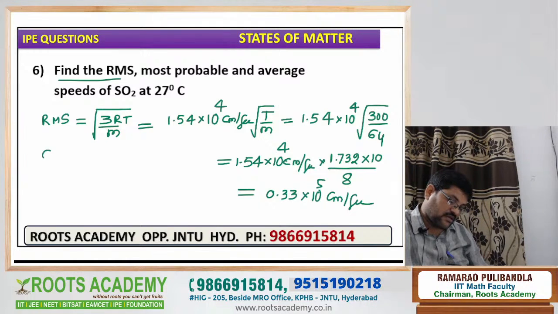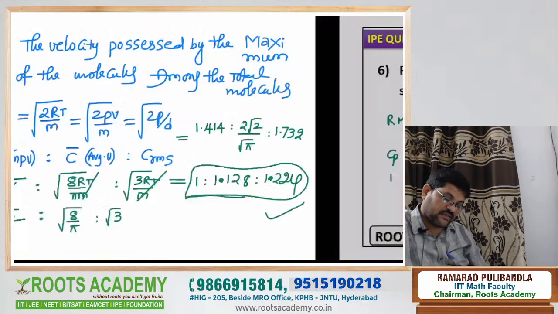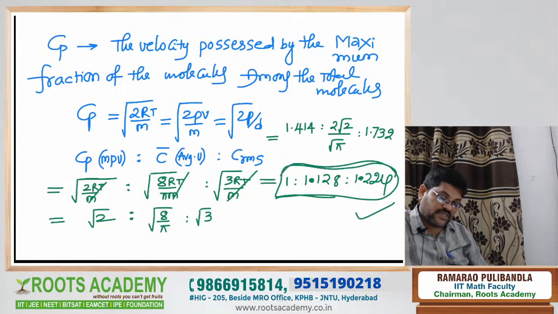Now the relation: C_P is to C_RMS. What is the relation? 1 is to 1.224. Based on the relation I said before, 1 is the C_P value, this is the C average value, and this is the C RMS value.